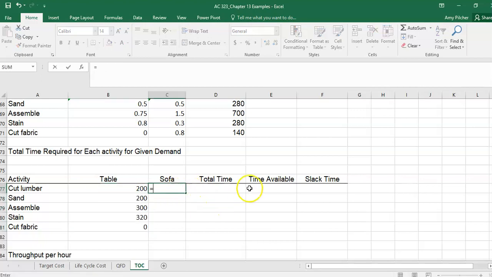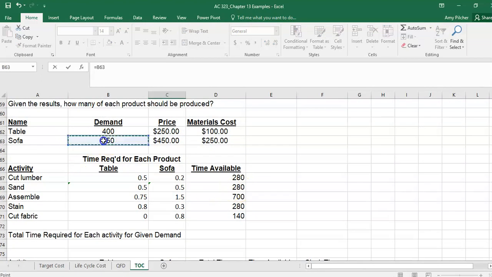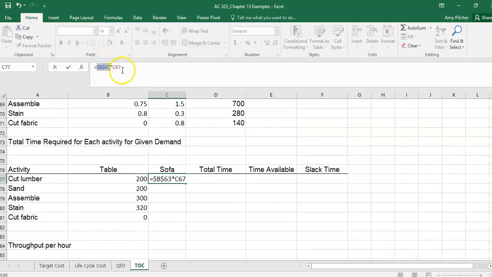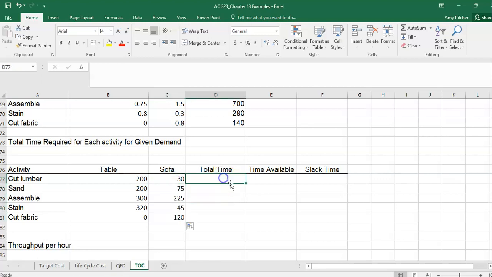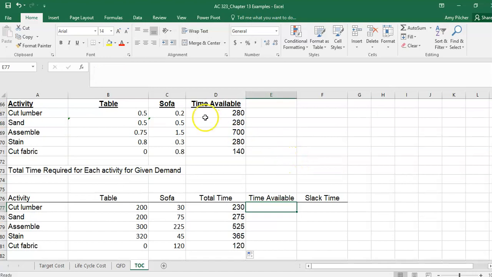And for sofas, we have 150 demanded times the number of time it takes to perform labor for a sofa. We add those together, and that tells us how much total time we need for production to meet demand.